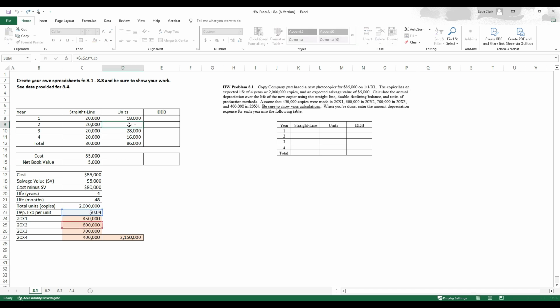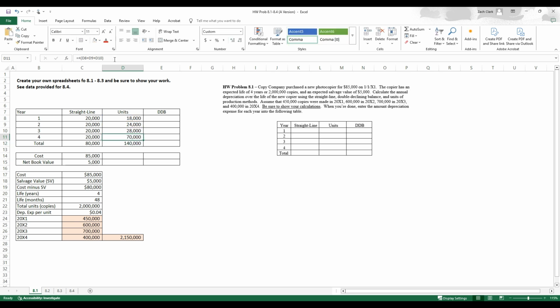And so what I'm saying is this is what it would be, 16,000, but in reality, we need to only take what's left. So if we add all the previous depreciation so far, that would get us 70,000 up to this point.